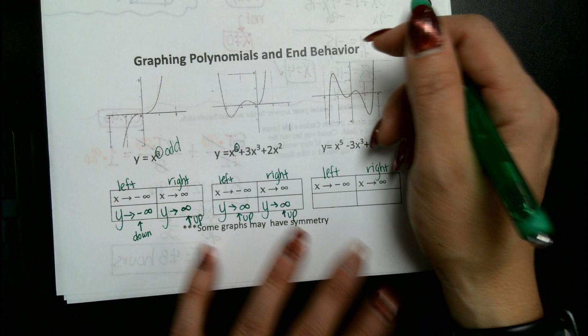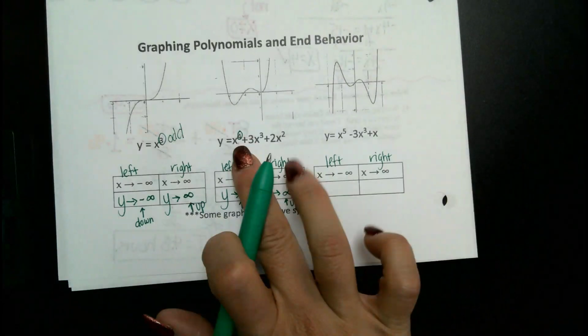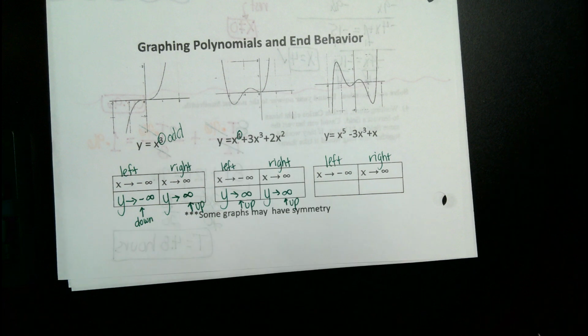The directions should be the same. They're either both going to be going up or both going down. It just depends on what the picture looks like, but they should always match. Even exponents should match directions. Odd should be opposite. That's a good way to remember: odd, opposite.